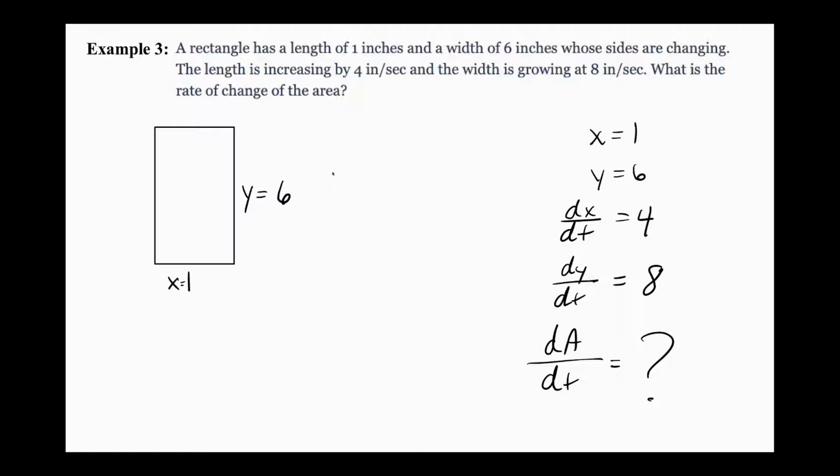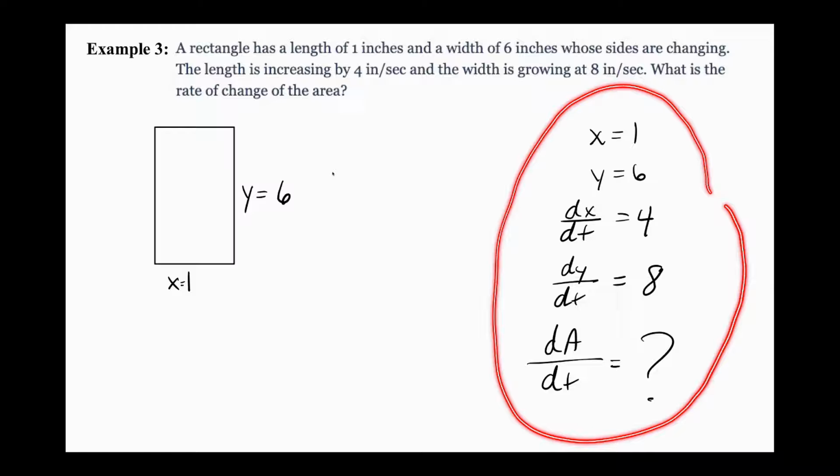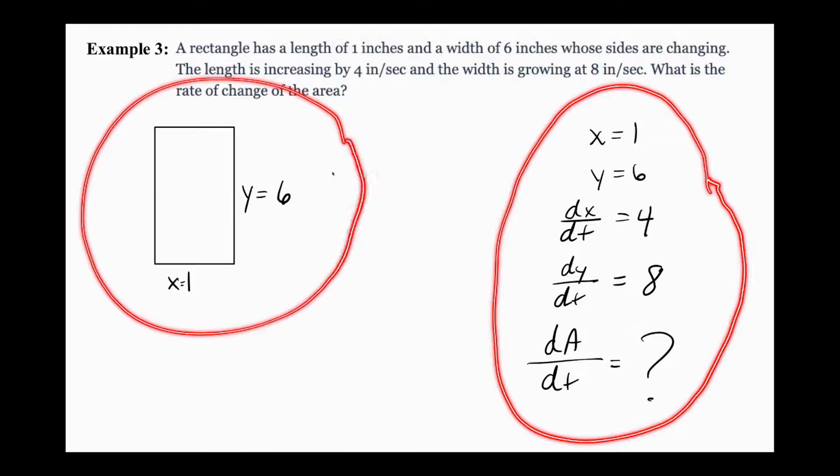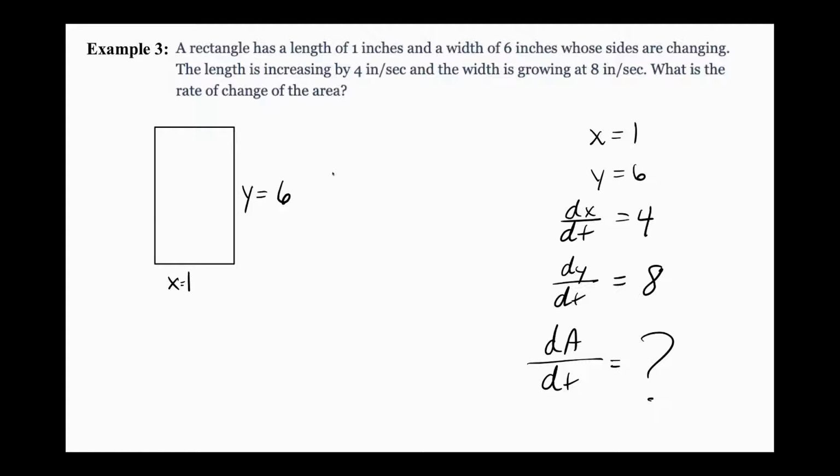All right. So now what we have to do is find an equation that relates all of this. What is an equation that relates all of this stuff here? Yes, I know what you're saying, but that relates only to this stuff.